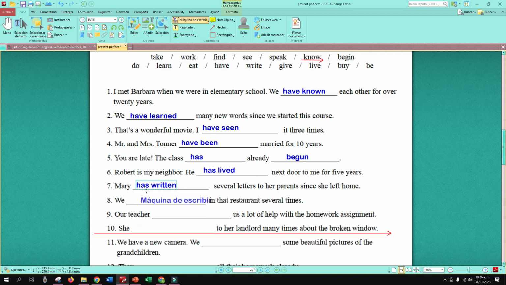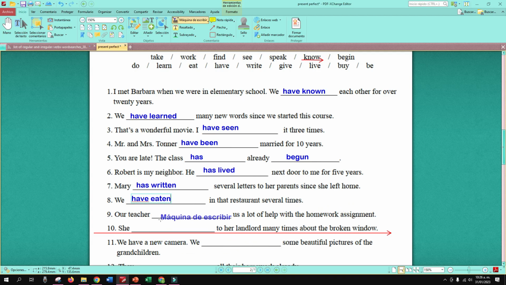Wrote, written. That is in past participle. Excellent. What about eight? We have eaten in that restaurant several times. Right? We have eaten in that restaurant several times.